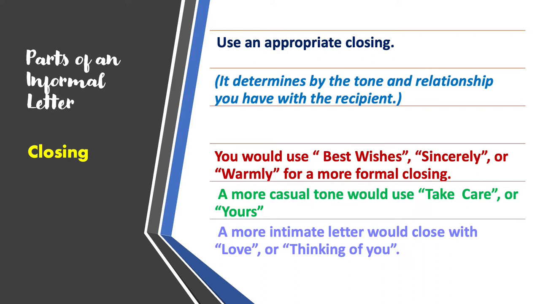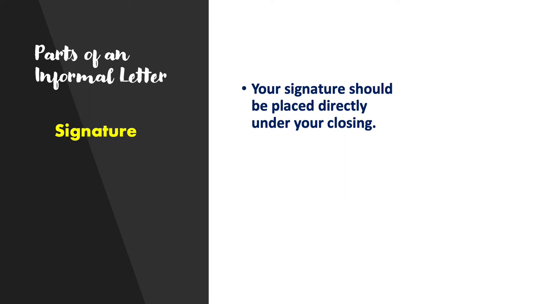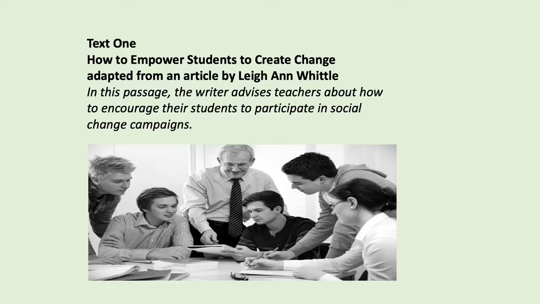You can use a casual tone such as take care or yours. And to show more intimacy, you can close with love or thinking of you. Finally, place your signature directly under the closing. Alright, that's the basic knowledge you need when writing a friendly letter.